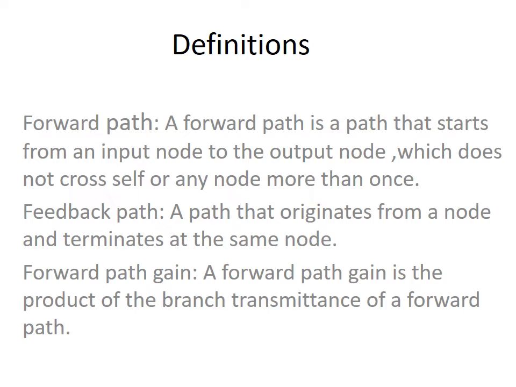So starting and ending at the same node is called a feedback path. A forward path gain is the product of branch transmittances of the forward path.